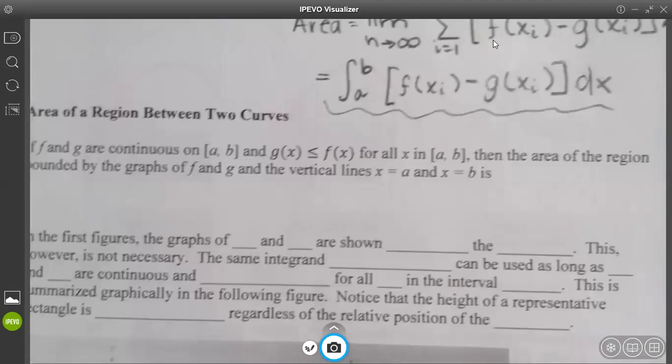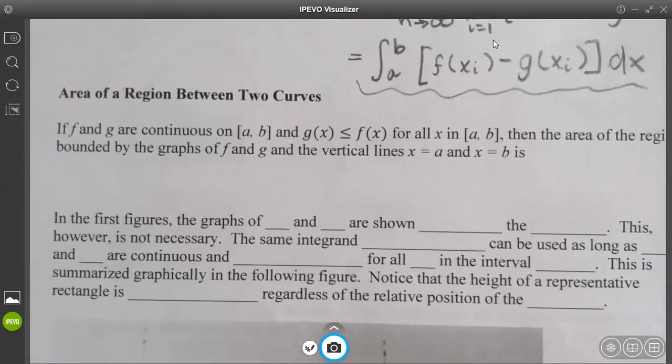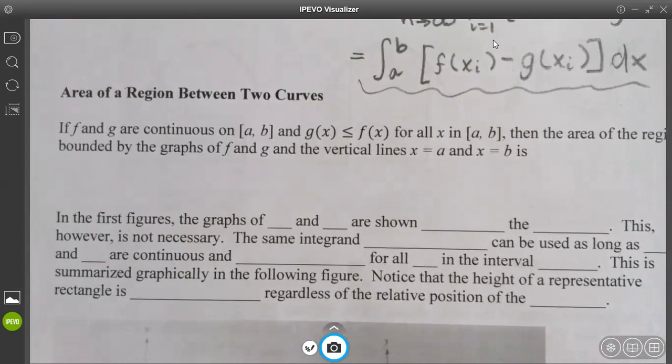All right. So the area of a region between two curves. If f and g are continuous on [a, b] and g of x is less than or equal to f of x for all x in [a, b], then the area of the region bounded by the graphs of f and g and the vertical lines x equals a and x equals b is the same thing that we just wrote.